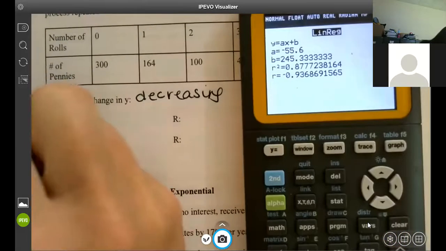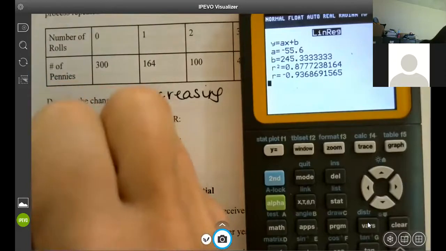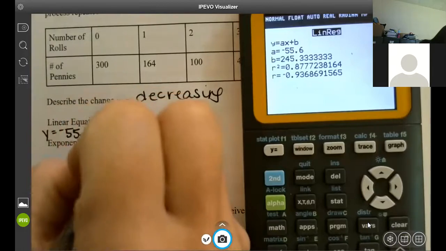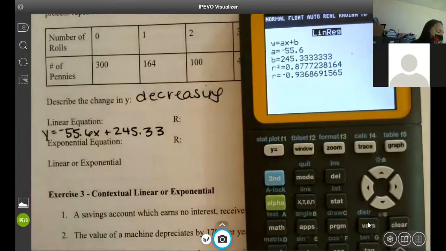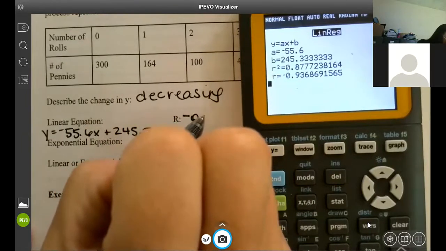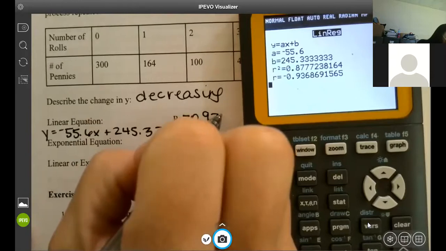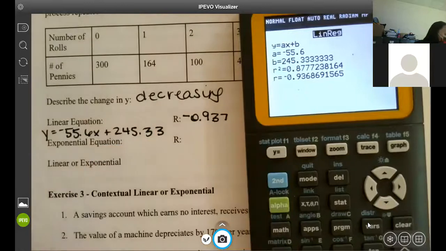We got y equals negative 55.6x plus 245.33. What's our R value? Negative 0.934.